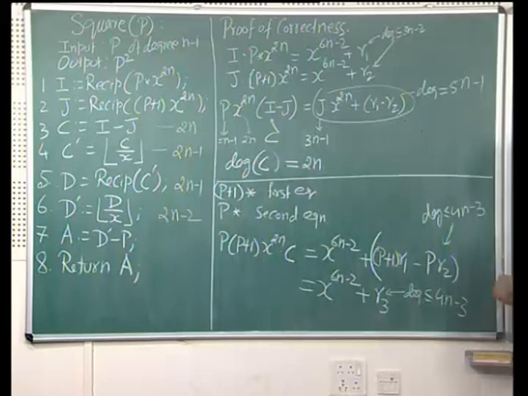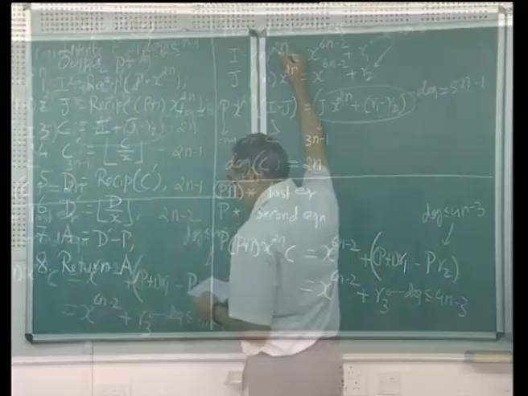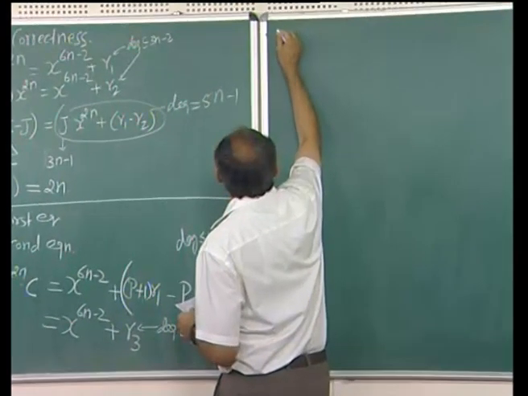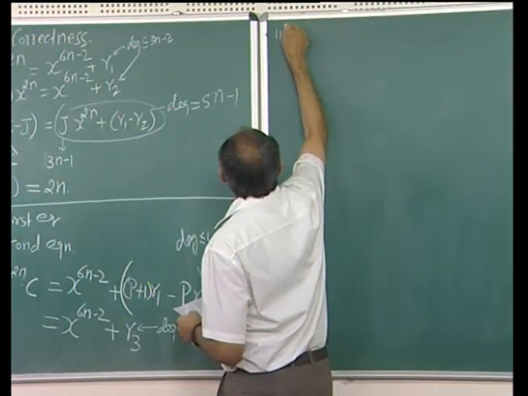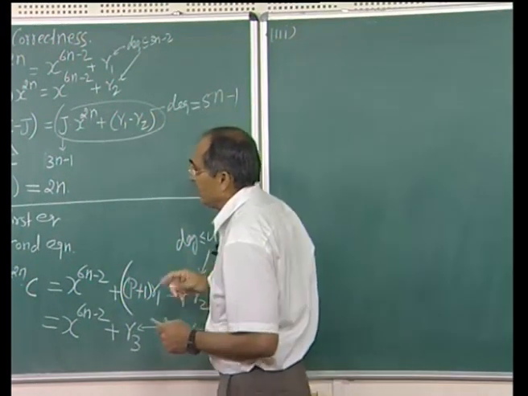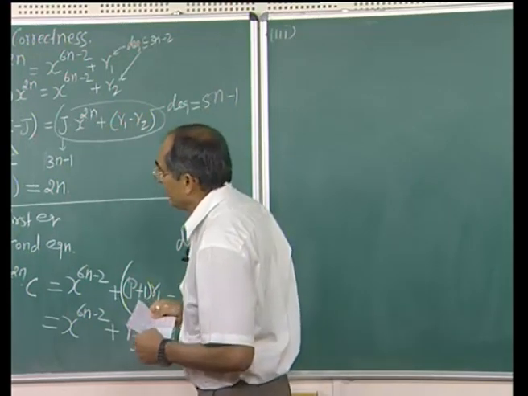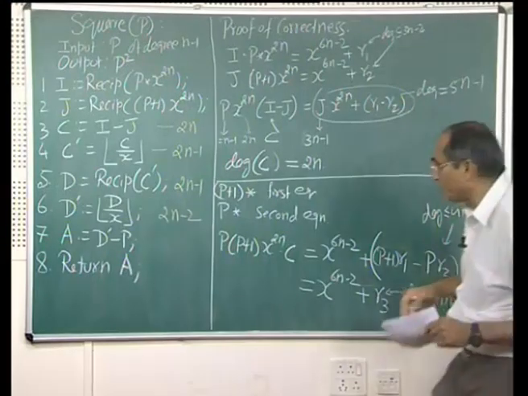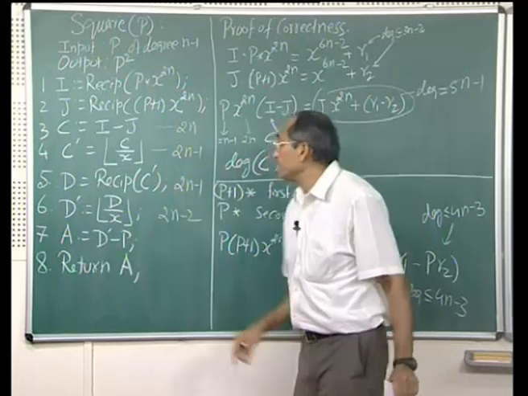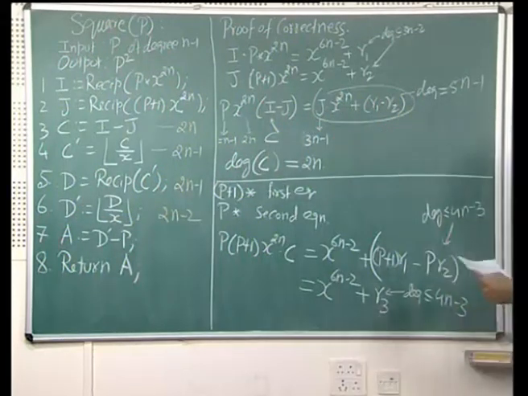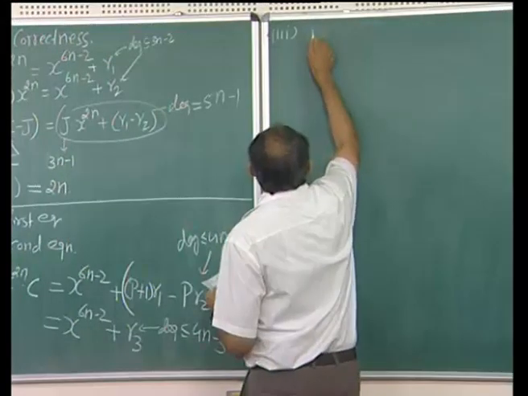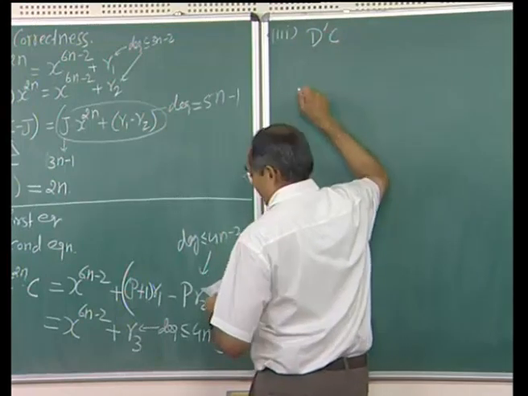Now, let us take a look at the third step. The third step is we are trying to find out what d prime is. So, let us compute d prime c.